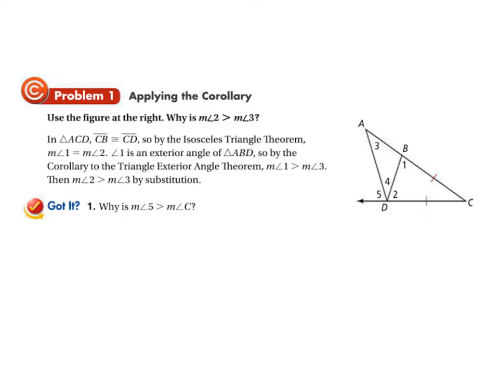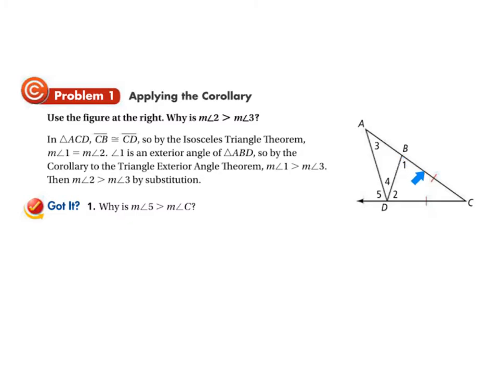Okay, now here's this big idea. If we're applying that corollary idea, you have to figure it out. Why is the measure of angle 2 greater than the measure of angle 3? Well, if we wanted to use that exterior angle theorem, angle 2 is not an exterior angle. You would form an exterior angle by continuing the sides of the triangle, and if you continue that side of the triangle, that's not how angle 2 is formed.